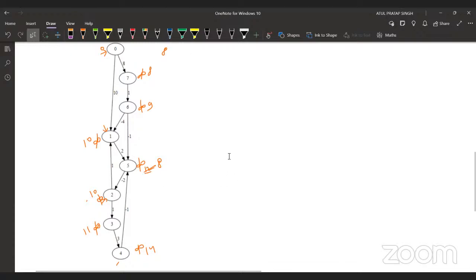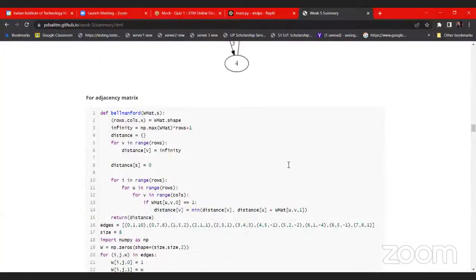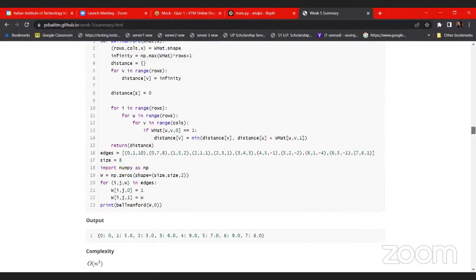So this is the concept of the Bellman-Ford algorithm. If you see the algorithm, we are repeating the same process. The first loop runs over the total number of vertices, where rows represent the total number of vertices in the graph.